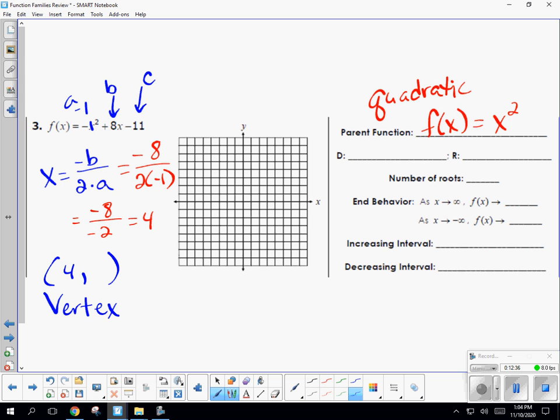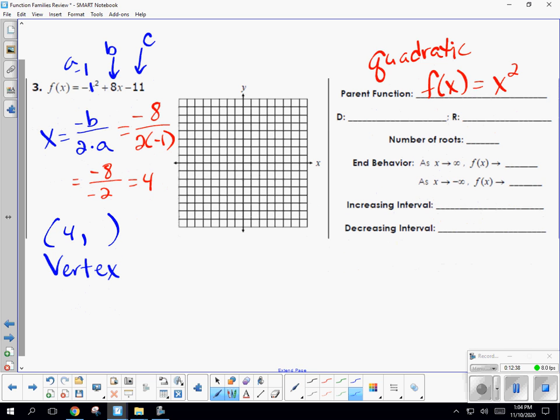I find the y value of my vertex by plugging 4 into my equation. So y equals -4 squared plus 8 times 4 minus 11. And when I do that in my calculator, I find the y value of my vertex to be 5.